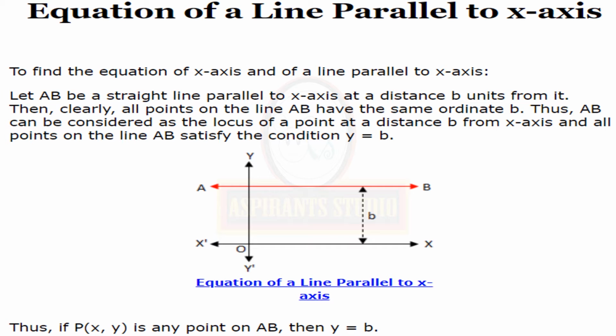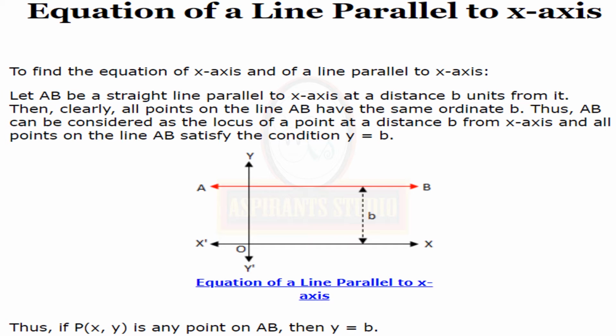AB is a straight line parallel to x-axis at a distance b units from it. Then clearly all points on the line AB have the same ordinate b. Thus, AB can be considered as the locus of a point at a distance b from x-axis, and all points on the line AB satisfy the condition y = b.